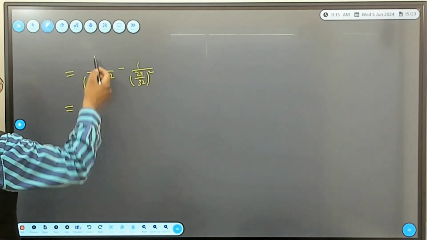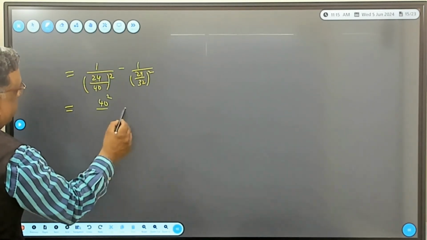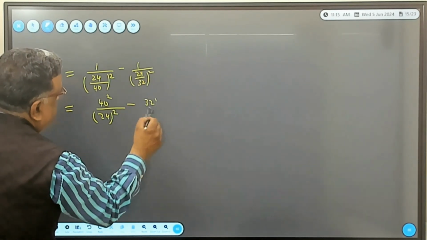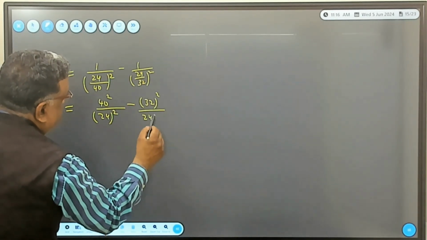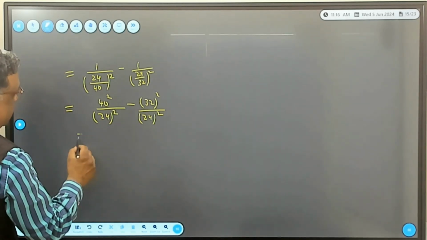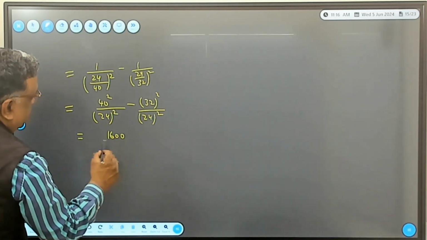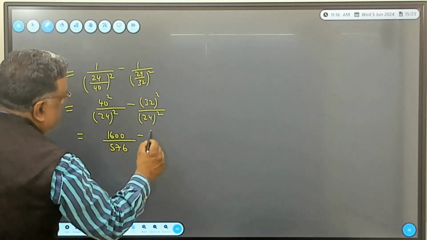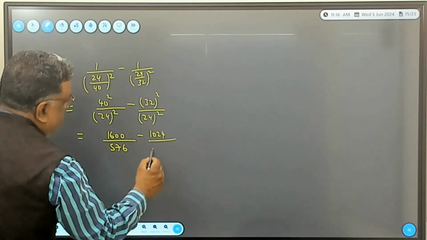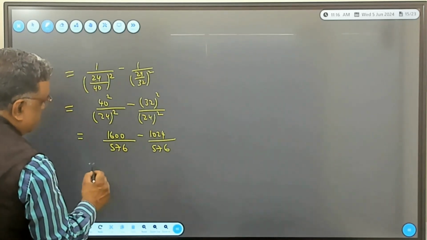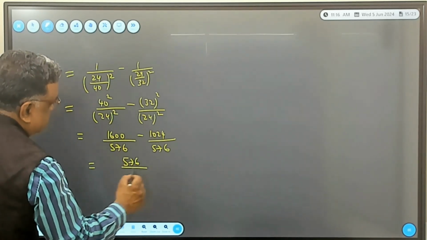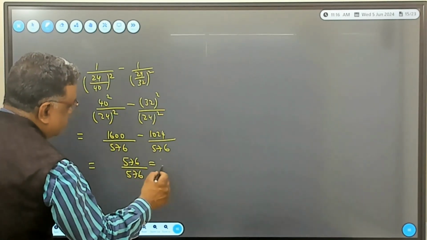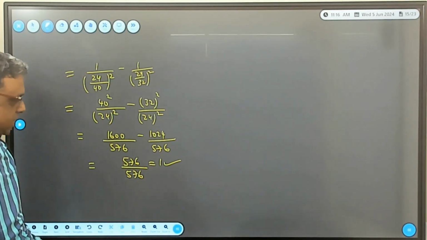So I can take 40 square up and put 24 square here. I can take 32 square up and put 24 square here. Now this is 1600 over 24 square, which is 576, minus 1024 over 24 square, which is 576. So this becomes 576 upon 576, because 1600 minus 1024 is 576, which is 1.